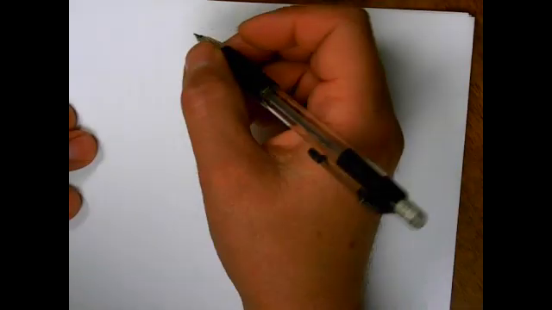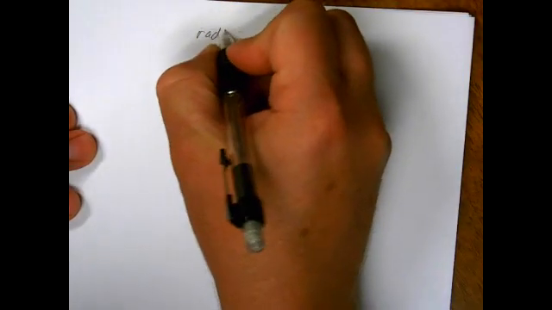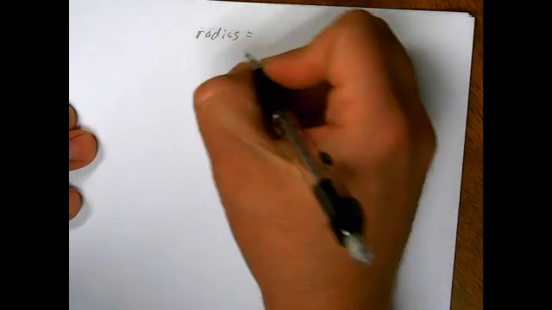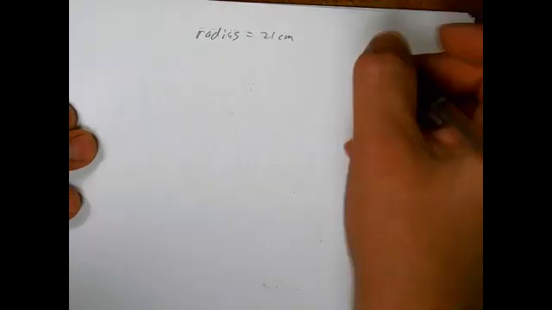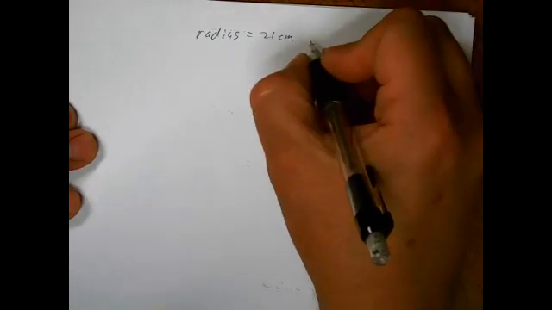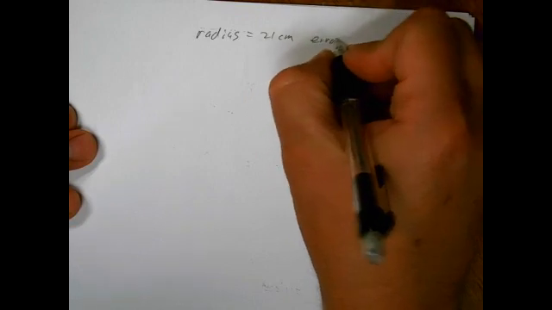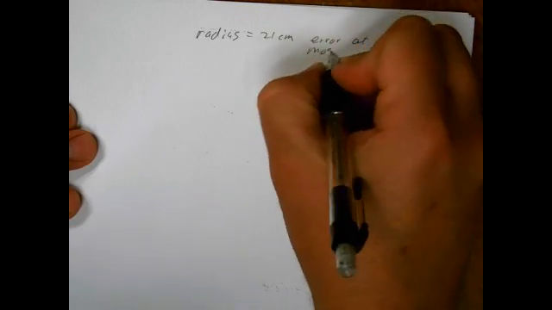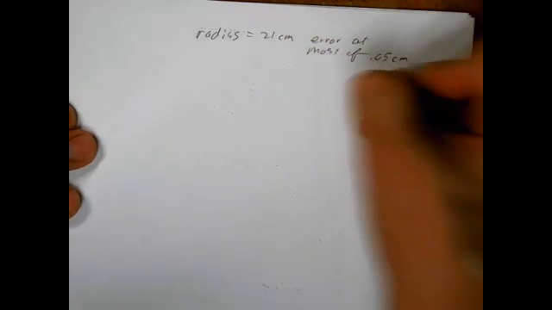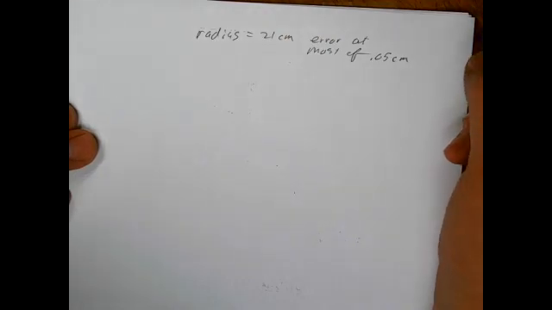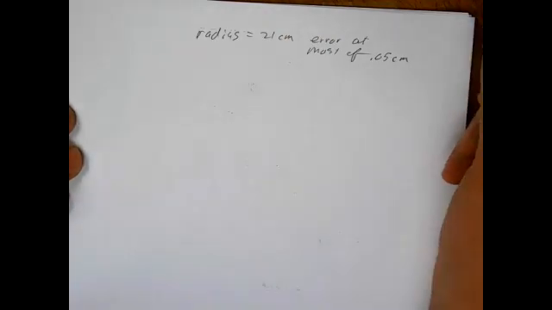Right? Let's say you have a sphere. All right? You have like a balloon. And the radius of that sphere is measured to be 21 centimeters with an error at most of 0.05 centimeters, and you want to know how much could you be wrong?